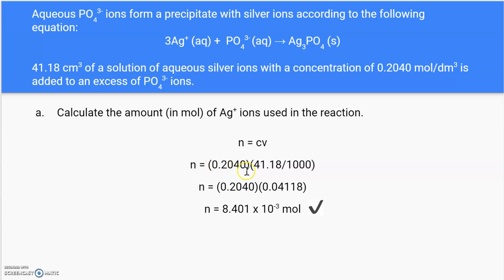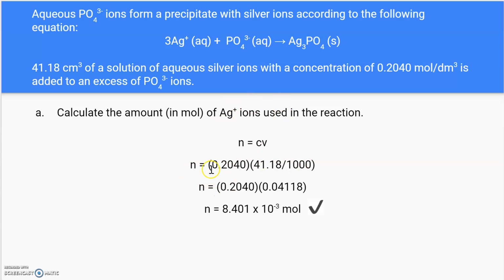The only thing to note would be that when you put the values into standardized units, concentration is already in moles per decimeters cubed, so there's no need to change that, but the volume is in centimeters cubed, so that 41.18 must be divided by 1000 to be in decimeters cubed before multiplying in order to get the moles of silver ions.